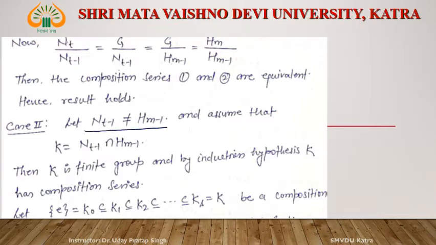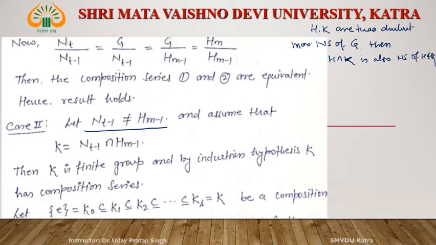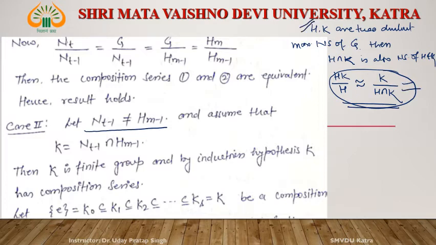If Nt minus 1 does not equal Hm minus 1, then we already studied one theorem: if H and K are two distinct maximal normal subgroups of G, then their intersection H intersection K is also a normal subgroup of H and K, and HK by H is isomorphic to K by H intersection K. This is the second isomorphism theorem, and we already proved this in our previous class.